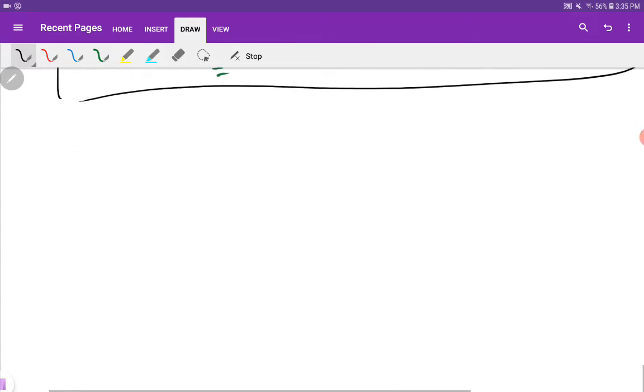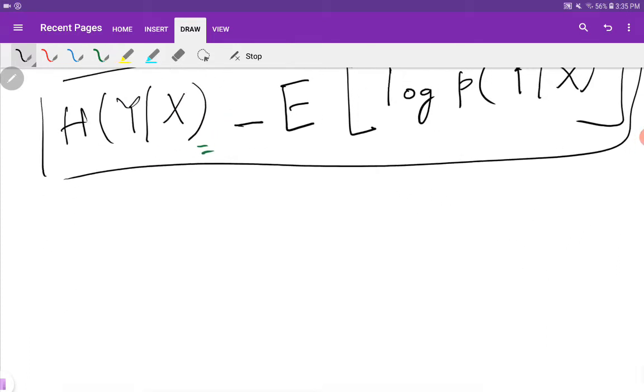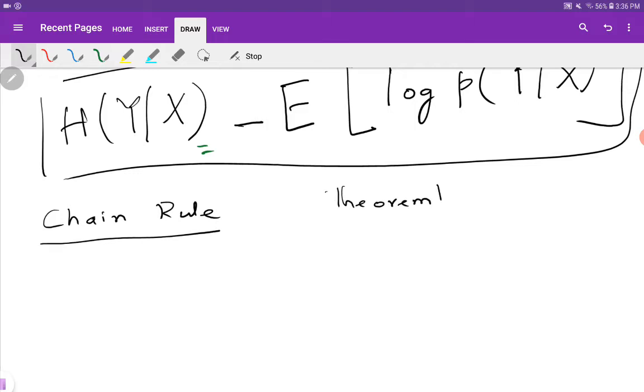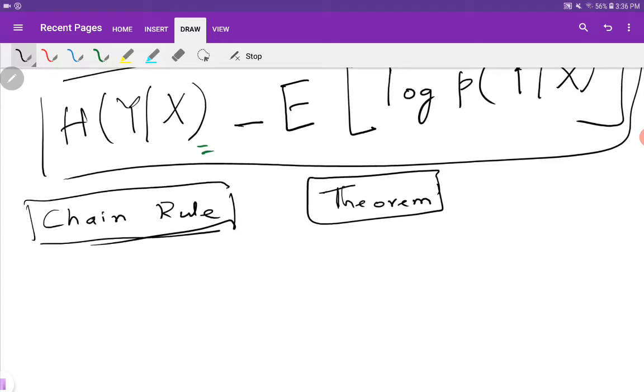So we have a chain rule now. It's a very important theorem, and probably one of the most important simple theorems that we need to know in information theory. There are other theorems as well, but this is one of the most basic, and it's called the chain rule. Why is it called a chain rule?